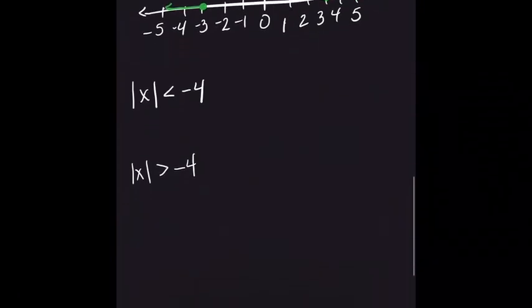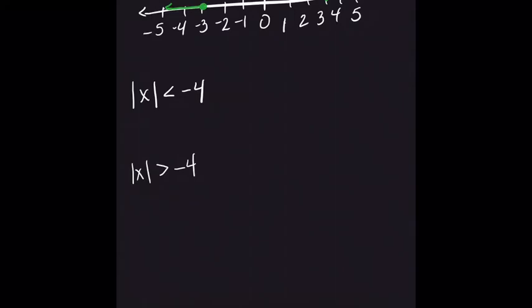Now this next one, because these all seem simple until you get to problems like this, says that the absolute value of x is less than -4. And if we don't really think about it, we can mess ourselves up a little bit.